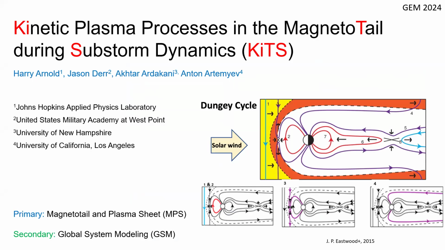He got his PhD in 2021, working with Jim Drake and Marc Swisdak at the University of Maryland, on non-thermal electron acceleration in macro-scale magnetic reconnection. Since then, he has been at the Johns Hopkins Applied Physics Laboratory, where he has been studying particle-in-cell simulations of thin current sheets with Misha Sitnov.